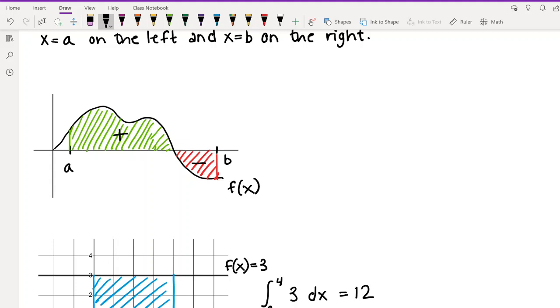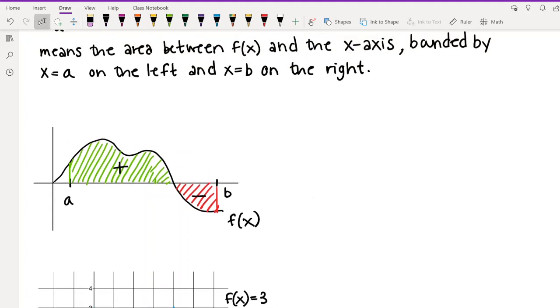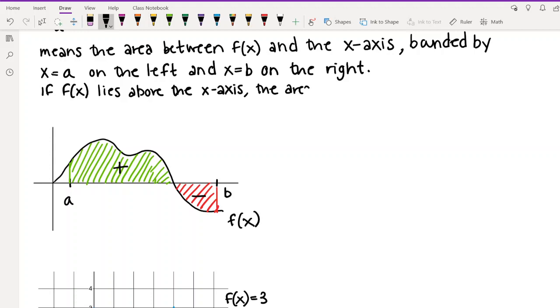So let me just summarize that in what I wrote up here, which is: if f of x lies above the x-axis, the area is counted as positive.